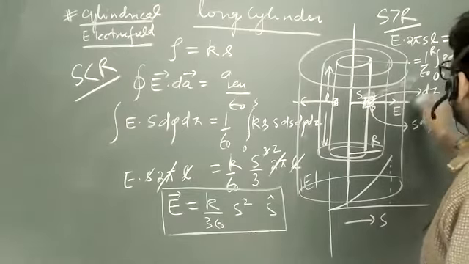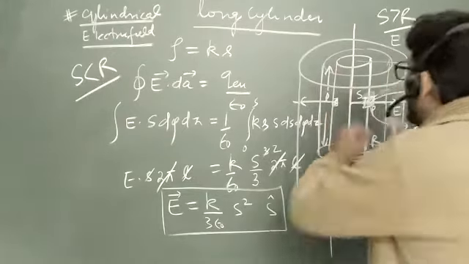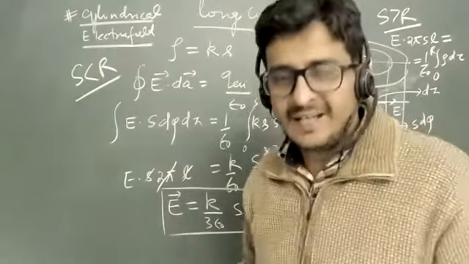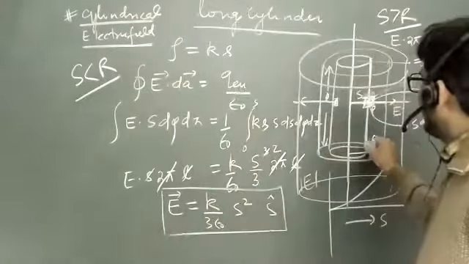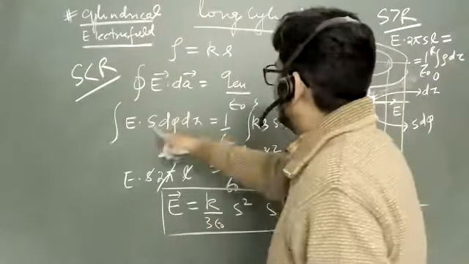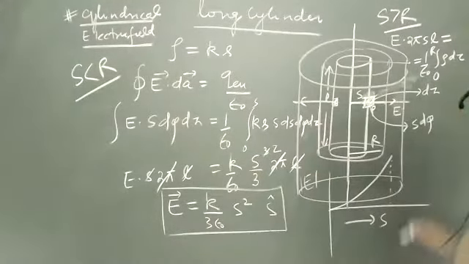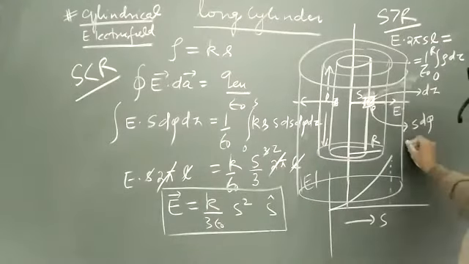This is the difference, because charge is only up to R. There is no charge outside, right? In the first case, when you were inside, both sides had S, but this time it will be 0 to R. So tell me, what is the profile of electric field?